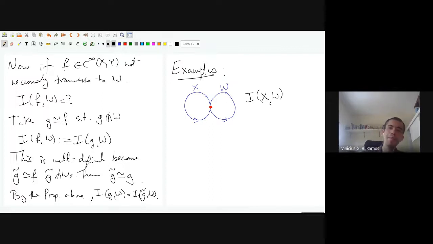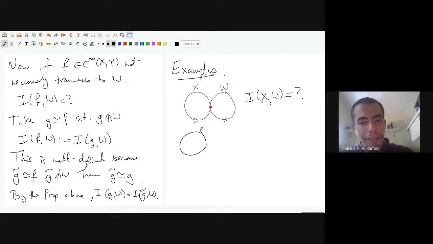Of course, you can do the same thing for submanifolds. So what you have to do is you have to homotope one of them. So you homotope the inclusion, which is the same thing as homotoping the embedding of X into R2, so that they intersect transversely. So there are two different ways of doing this.